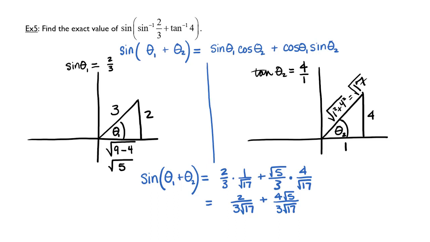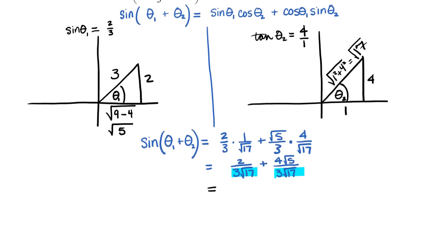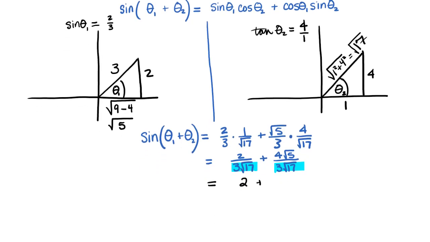The denominators match, which is super convenient because now I will have 2 plus 4 square root of 5, all divided by 3 square root of 17. I could leave it like this. Sine of theta sub 1 plus theta sub 2 is equal to the given value.